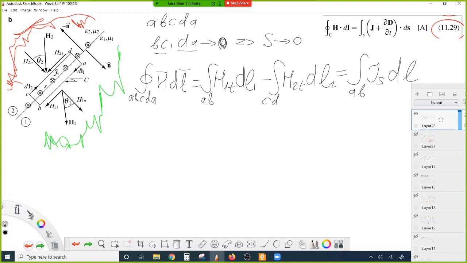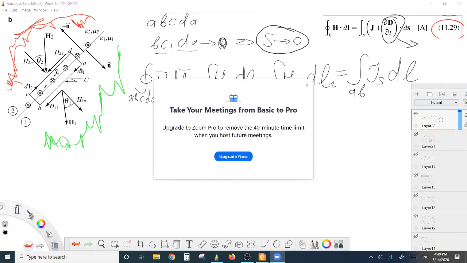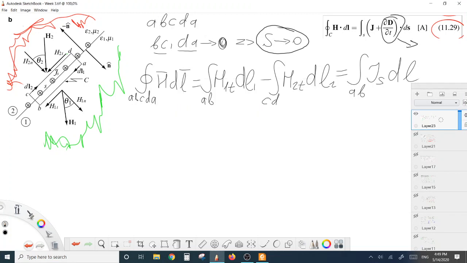The area enclosed by ABCDA tends to 0, and therefore the surface integral over the volume current density also tends to 0.